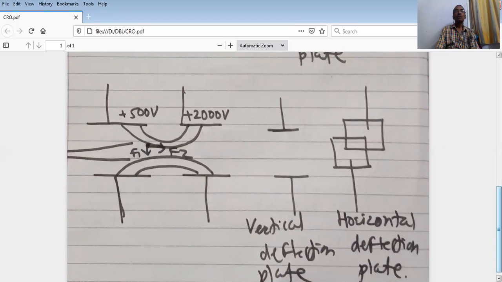Due to this voltage difference, an electrostatic field of lines of force is created as shown in this figure. That is figure 1.